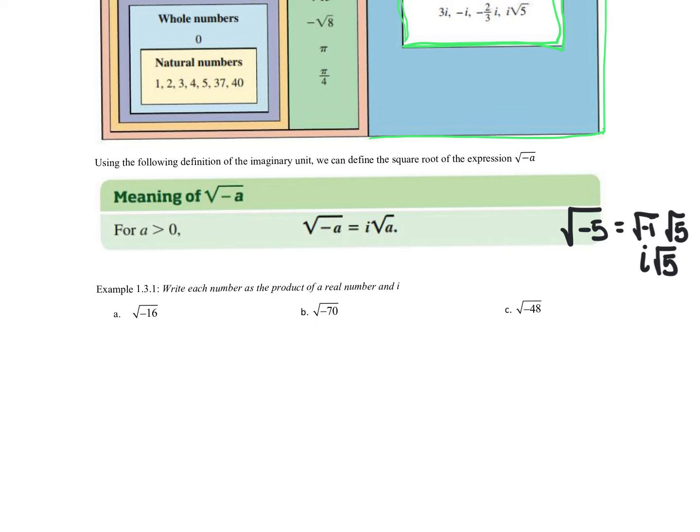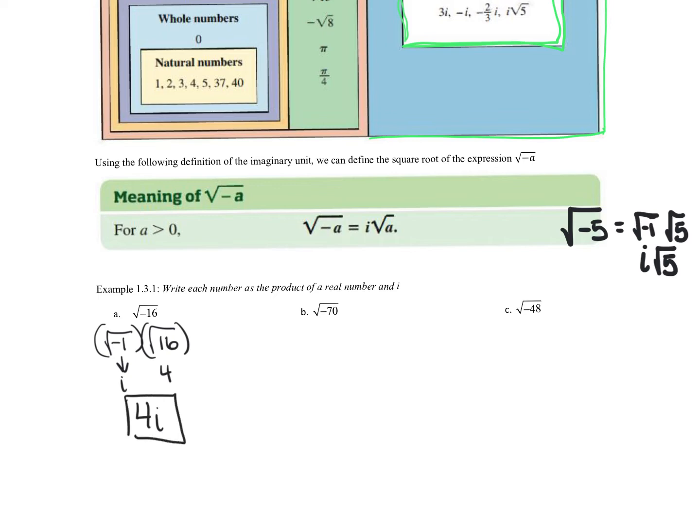So if we start with letter A, I'm going to rewrite this as the square root of -1 times the square root of 16. Square root of 16 is 4, and the square root of -1 we call i, and then we write the number first, so 4i.